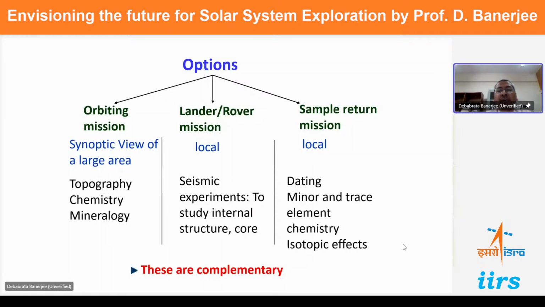And then you have lander rover missions, and one new thing, for example, in Mars, you have had the InSight mission from NASA, which looked at the interior structure. Seismic experiments will become very relevant because you wish to study what is there within the planetary body and also the internal structure and the core.